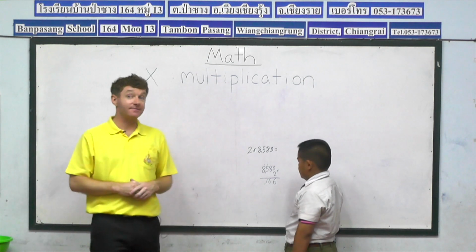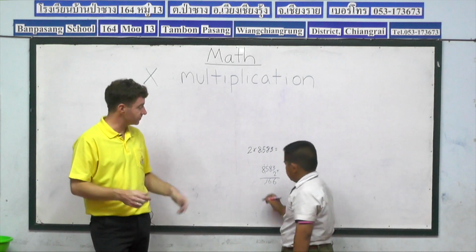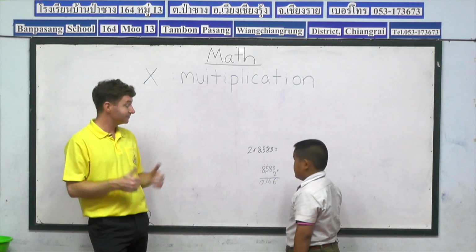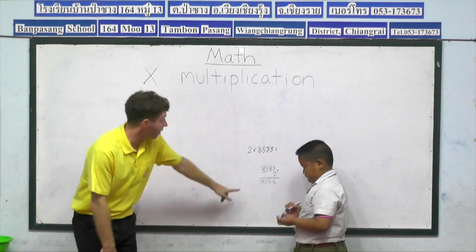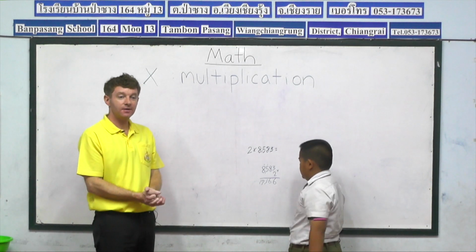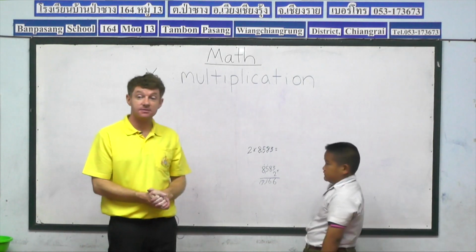2 times 8 plus the 1, 17. So in our final column, we can just write our answer. Excellent, Ned. Well done. Our answer, 17,166.